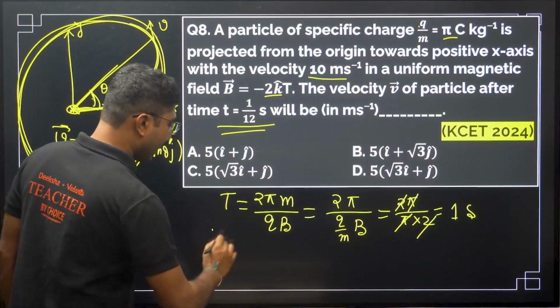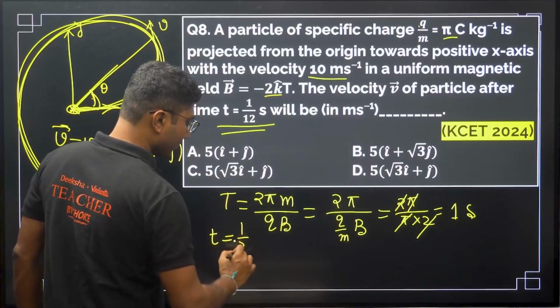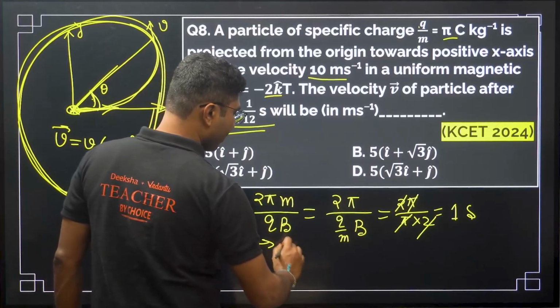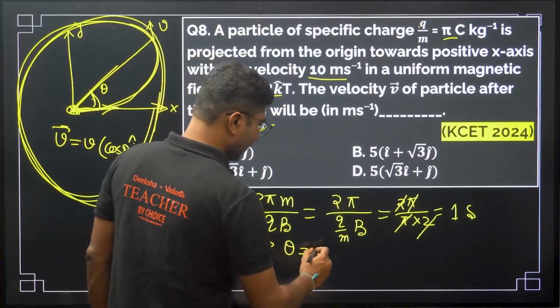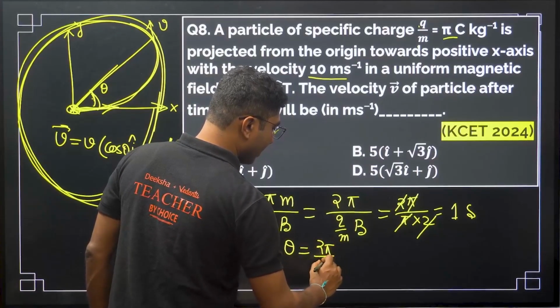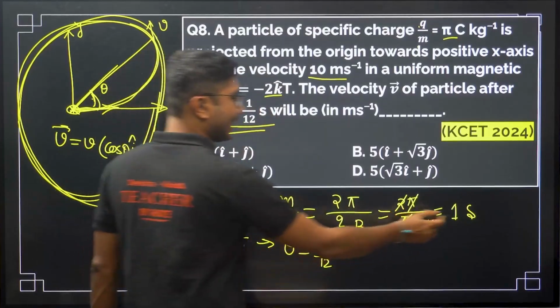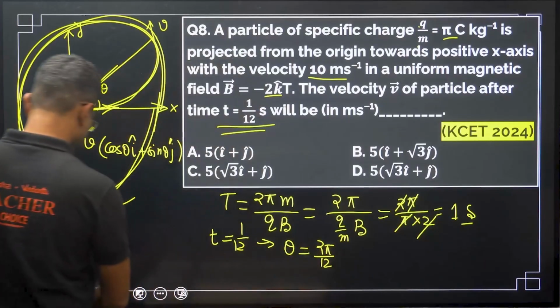But in the given time, 1 by 12 second, the corresponding angle will be 2 pi times the time divided by the time period.